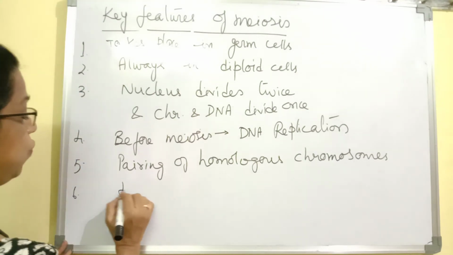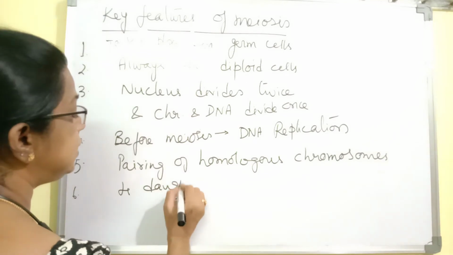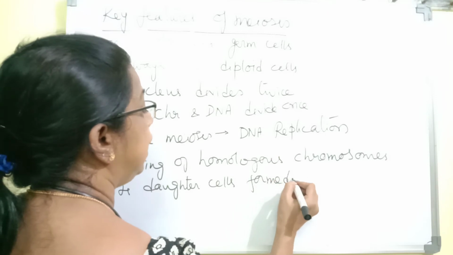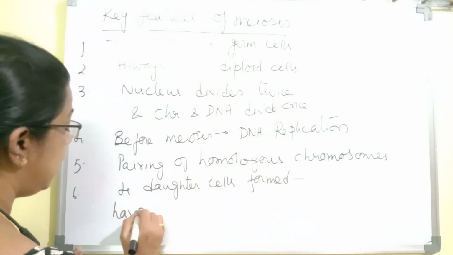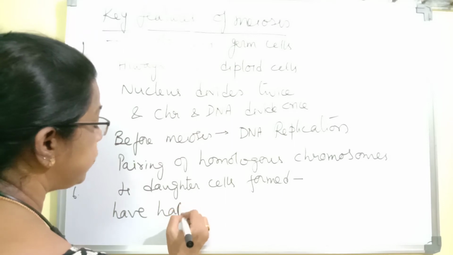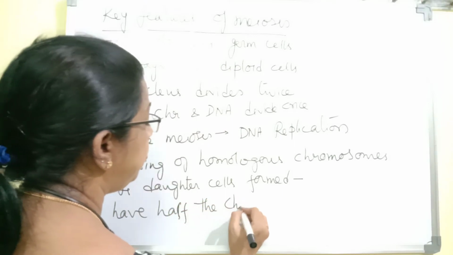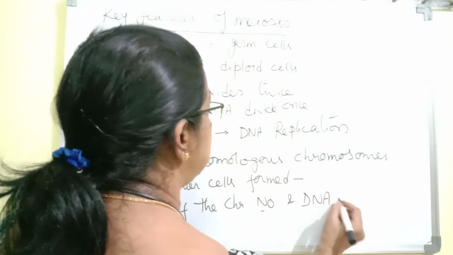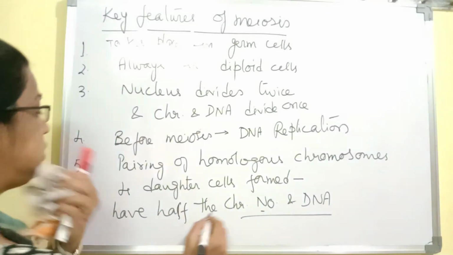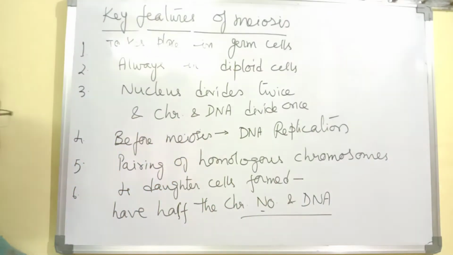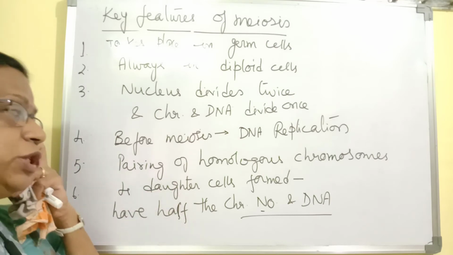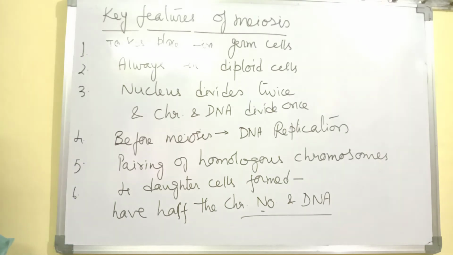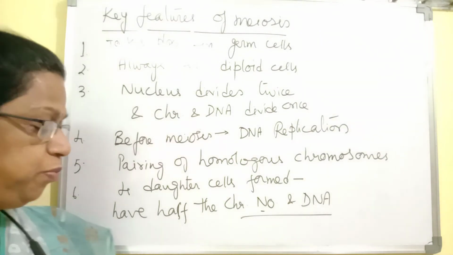And 4 daughter cells are formed, which have half the chromosome number and DNA of the parent cell. I am going to discuss this point along with an example. So these are the important features of meiosis.